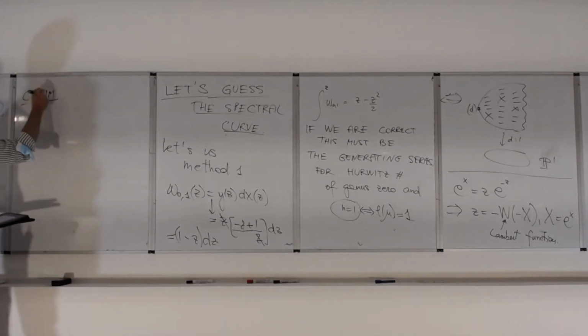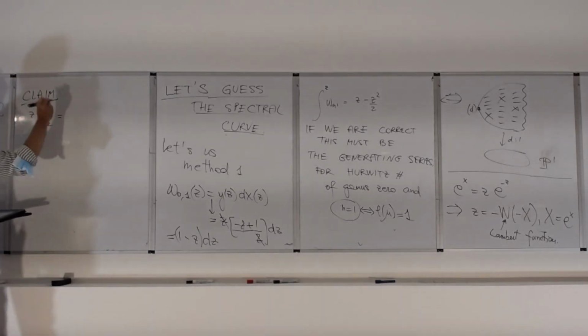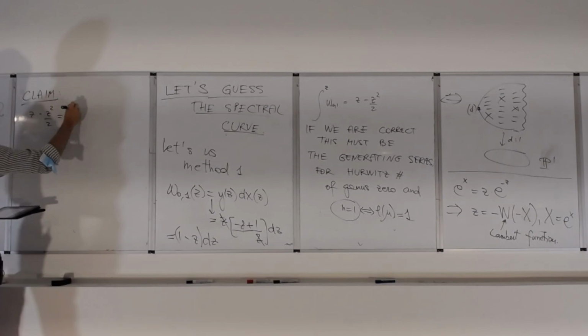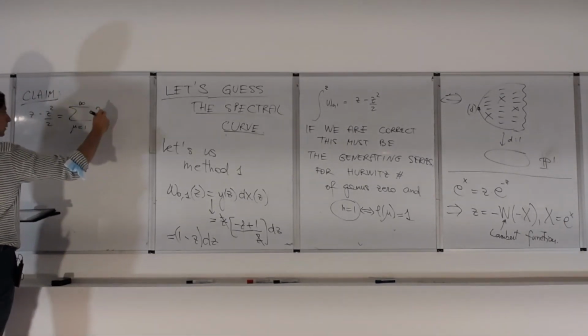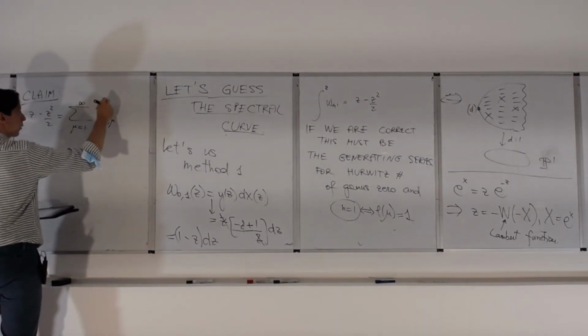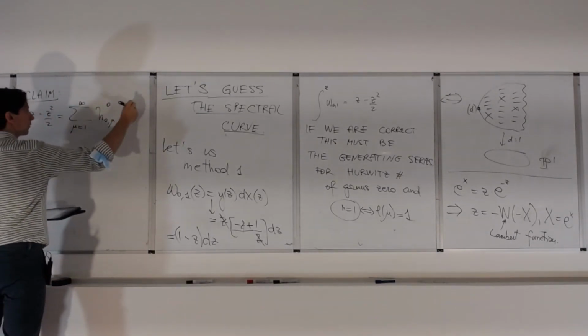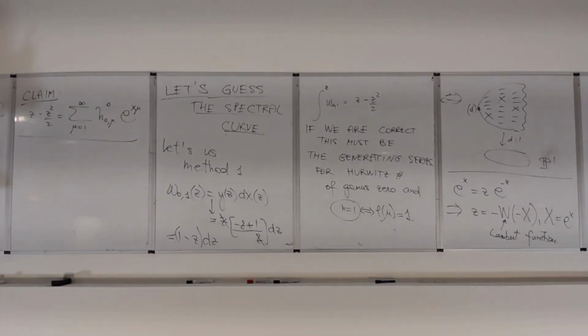And the claim is the following. The claim is that if you take z minus z squared over 2, it should be the sum over mu from 1 to infinity of a Hurwitz number of genus 0, mu, and then connected, exponent of x to the mu.